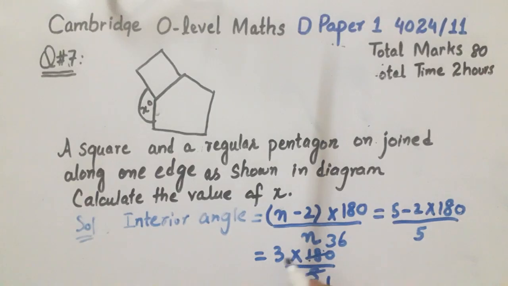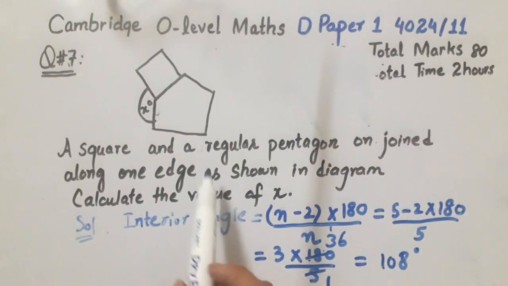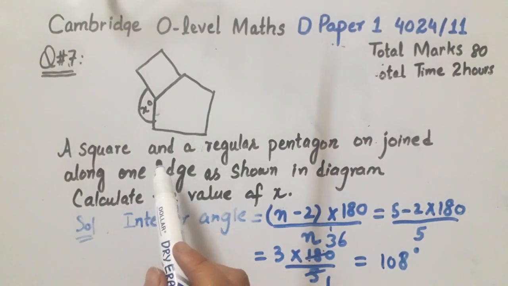So 36 multiply 3 is 3 into 6 is 18, and 3 3s are 9 plus 1 is 10. So 108 degrees.